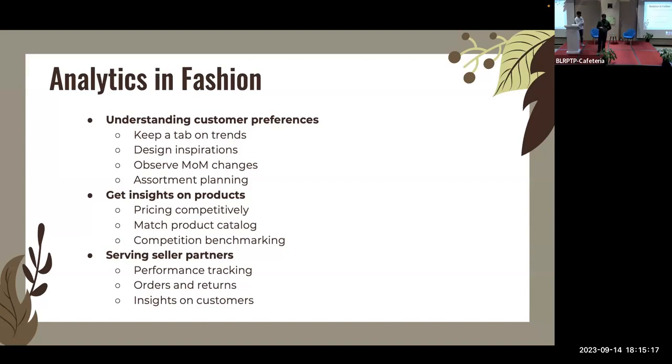They want to keep a tab on trends, how the product catalog is changing, what product is in high demand, how many orders, how many views a certain product is getting. All of these insights are required for the business to make key decisions. Apart from that, they also want to plan their next season's assortments, as in what they will sell next season is driven by these aggregates.